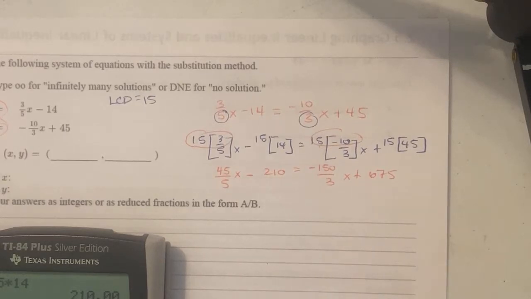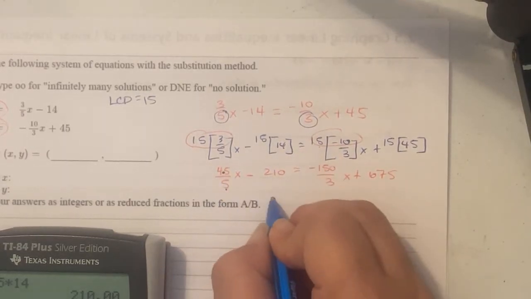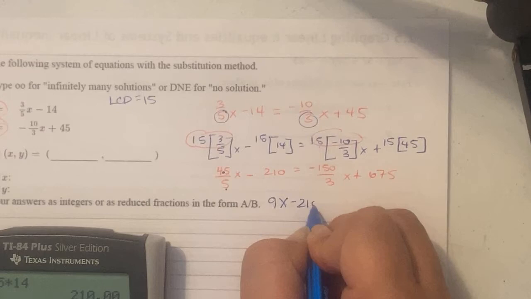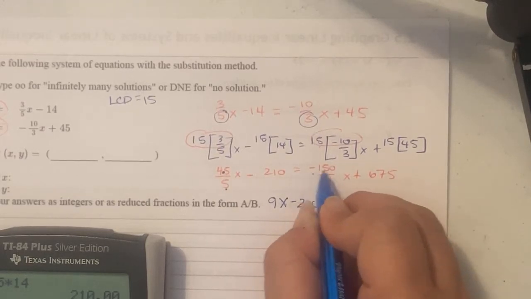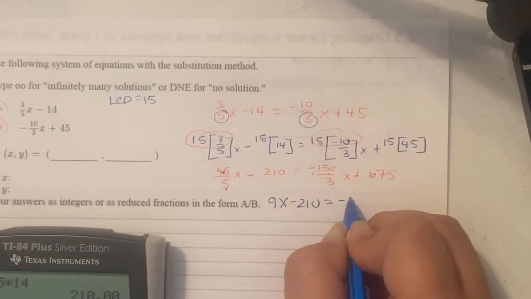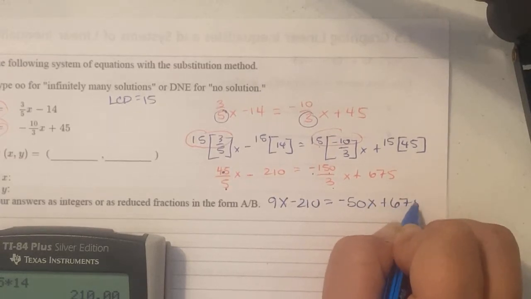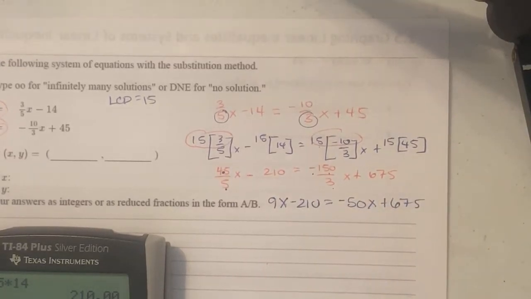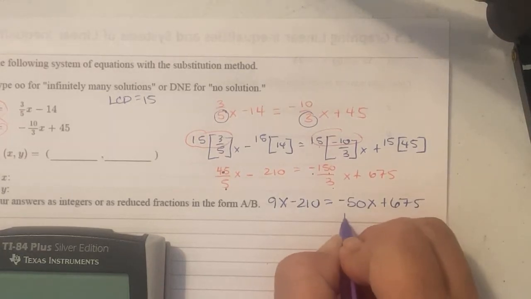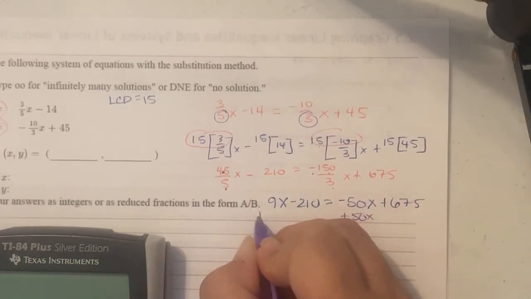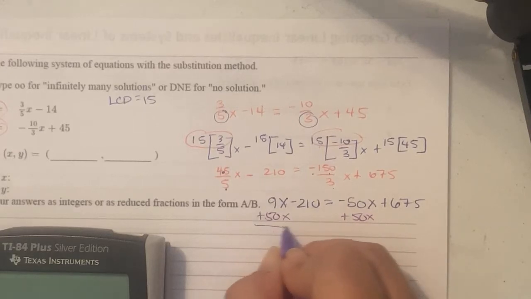So now we're going to see our elimination. 45 divided by 5 is 9x minus 210. 150 divided by 3 is negative 50 with an x, plus 675. Now to continue the problem, you want your x's together and your common numbers together. So first thing I'm going to do is add 50x to the right.